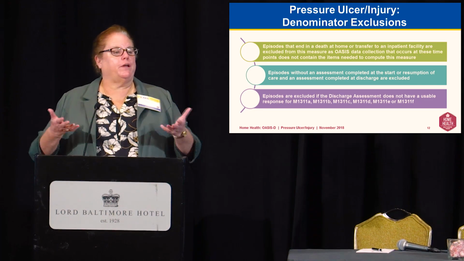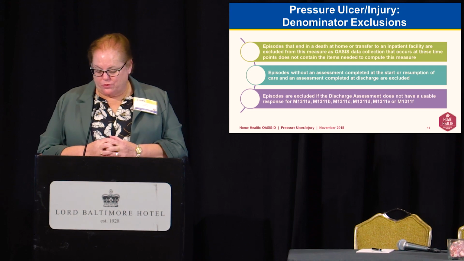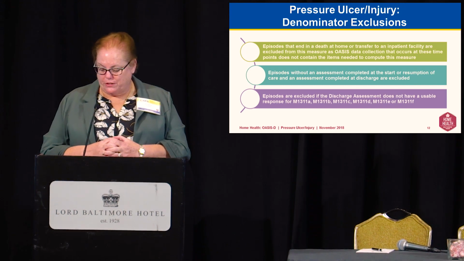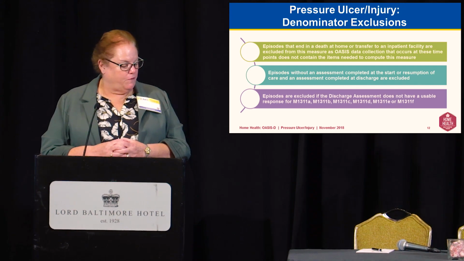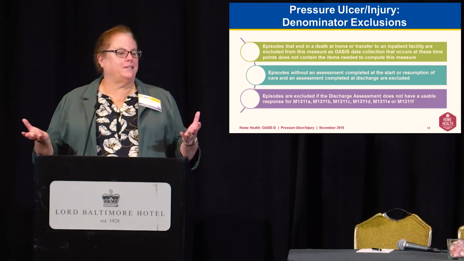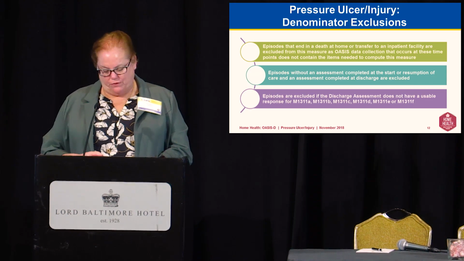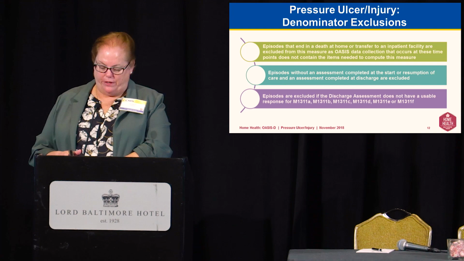We can't do the measure if we don't have that pairing of assessments. And episodes are excluded if the discharge assessment does not have usable responses for M1311, A through F. So if we have missing data, and that's kind of standard, we've had that for a long time in a lot of our measures. If we have missing data, we certainly can't calculate it.